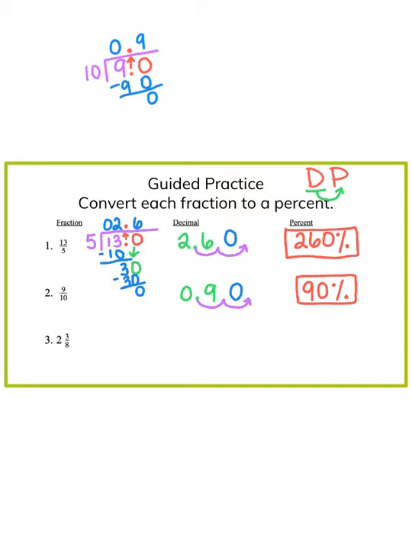My next fraction I need to convert to a percent is 2 3/8. When you have a mixed number like this, or a whole number and a fraction put together, I only need to divide the fraction. So I'm going to set up my division problem and put my numerator, or my top dog, in the house.